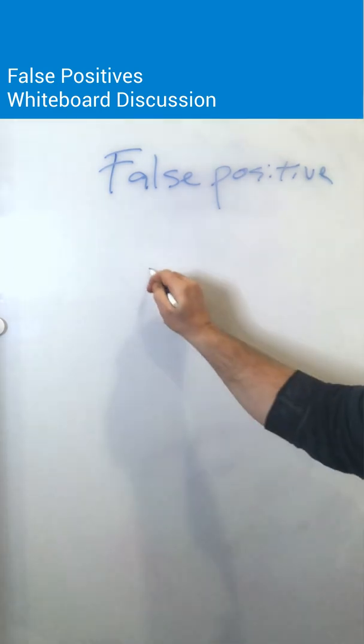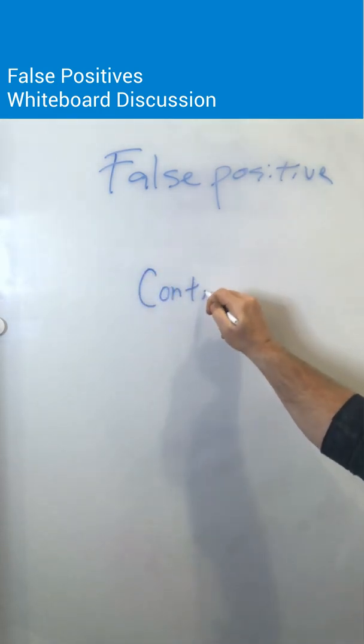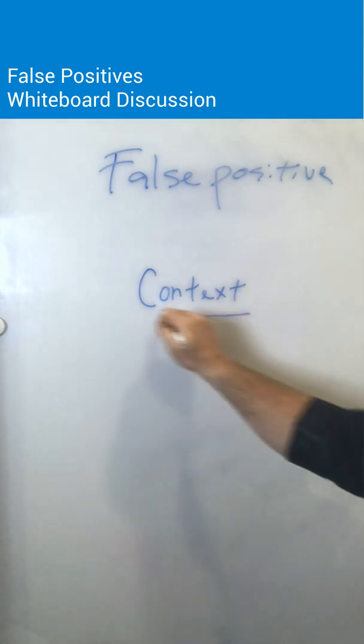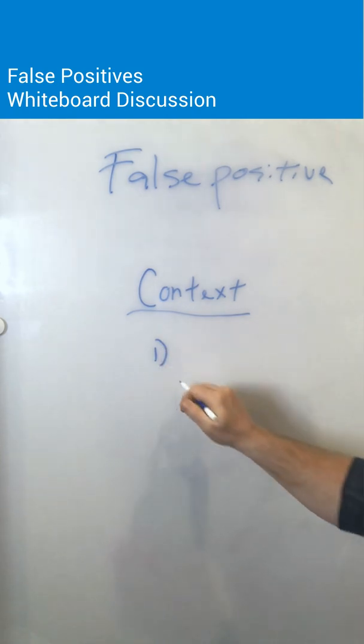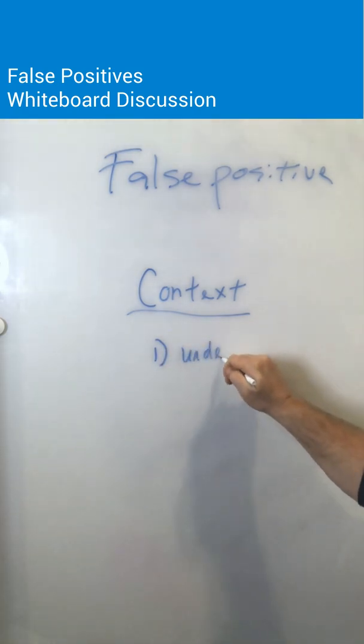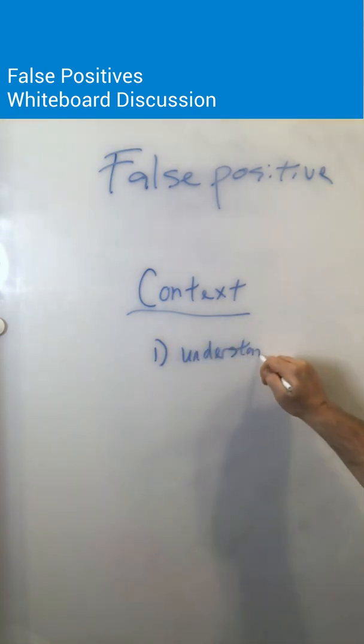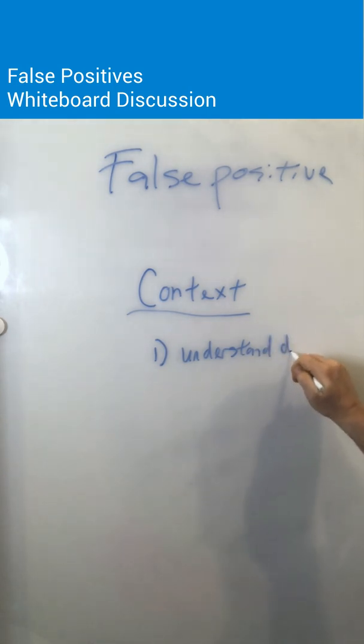Why? Context. This is also the easiest way to prevent false positives. How do you do that? You understand the details of your indicator. The who, why, where, what, etc.